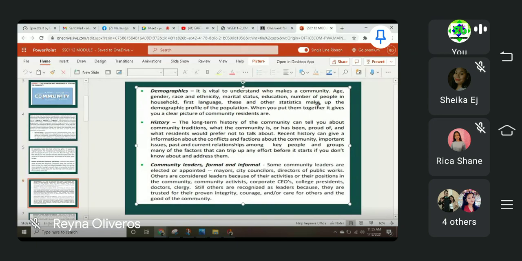And of course, the different information about the conflicts and factions about that community. Okay? So, it is very important, it is because you have to know the issues, past and current relationship among the people or the key people and groups. Okay? Many of the factors can trip up any effort before it starts if you don't know how to address them. 'Di ba?